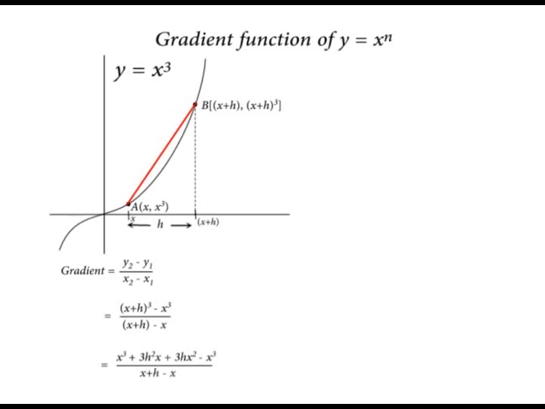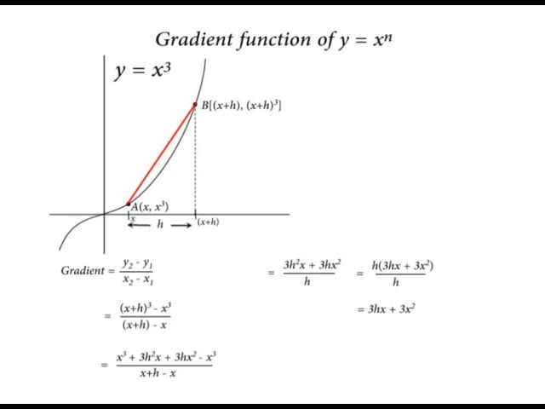X cubed subtracts x cubed to give us 0. In the denominator, x minus x is 0. So we remain with 3h squared x plus 3hx squared over h. Factorize h in the numerator, we shall have h into 3hx plus 3x squared over h. Cancel h out and we remain with 3hx plus 3x squared.